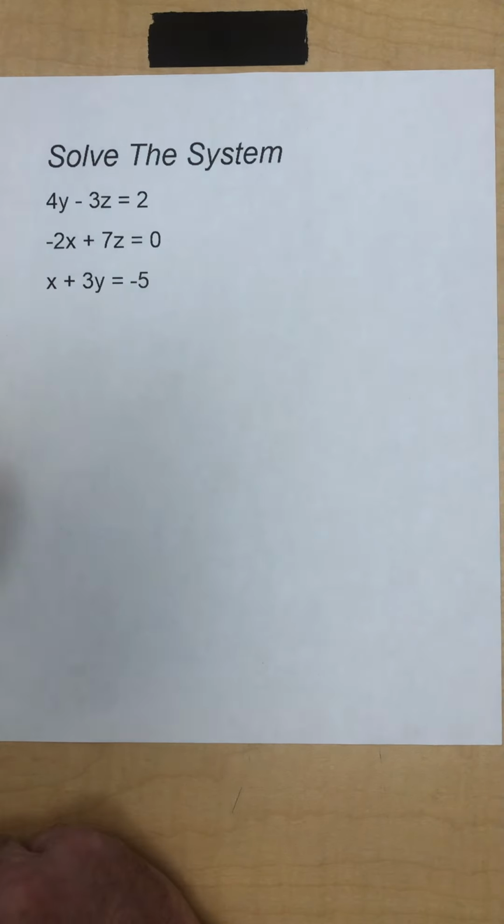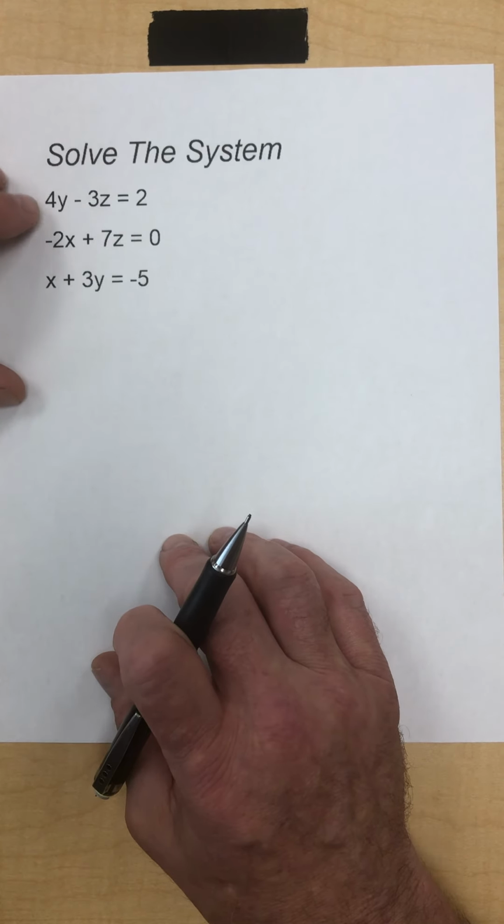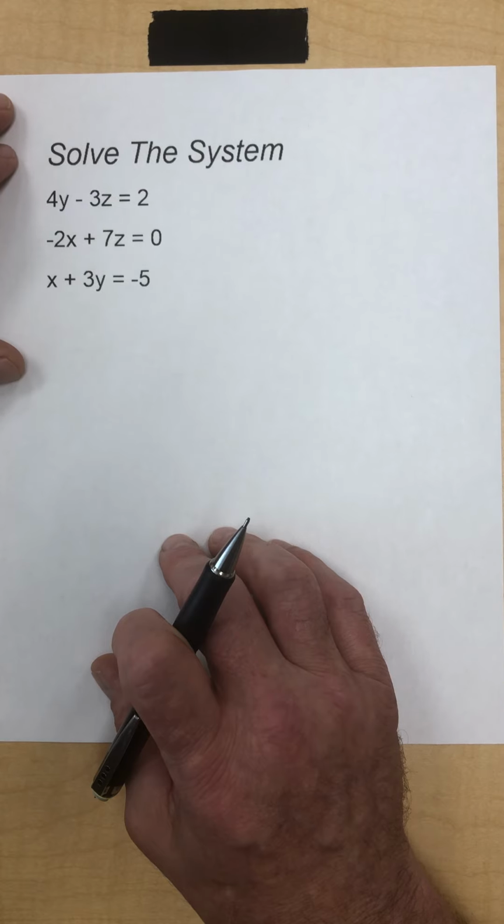Okay, let's see what we got going on. Okay, I got y and z, and I got x and z, and x and y. Okay, just like the last one, I like to work with x and y to begin with. So why not leave this guy alone and take these two guys and form an equation that has x and y.